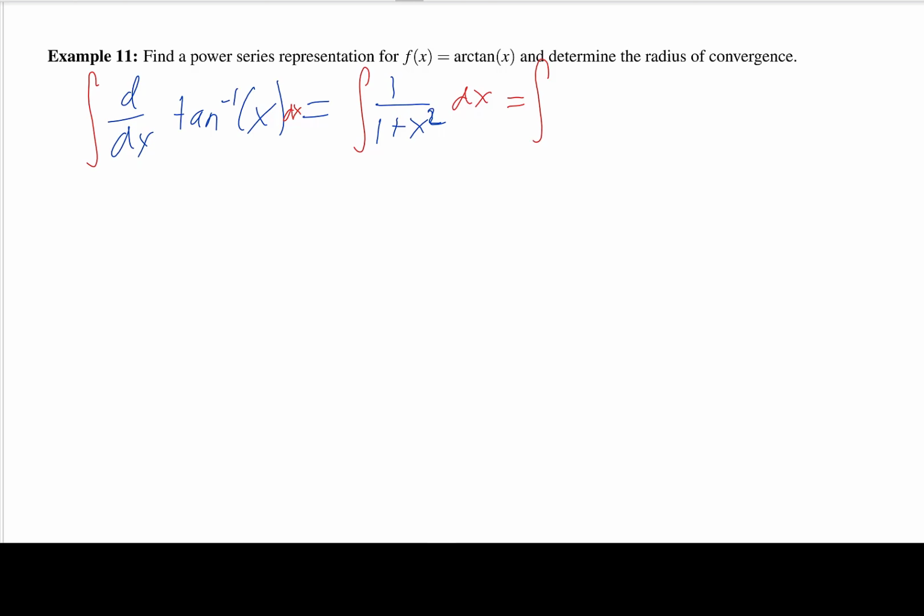So 1 over 1 plus x squared, we know that has a power series representation of n equals 0 to infinity of, let's see, this should be negative x squared to the n, and then we'll have our dx. So this should be equal to the integral of the sum from n equals 0 to infinity of negative 1 to the n times x to the 2n dx.